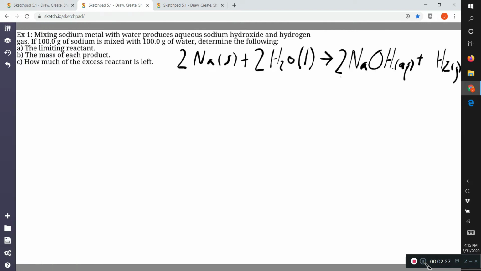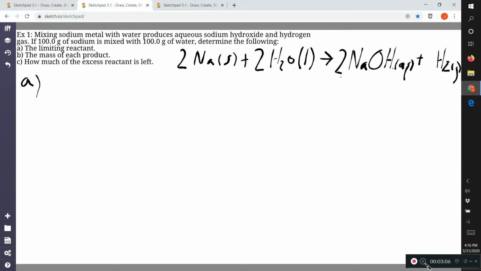All right. So the first thing we have to decide, the left side is the reactants. We have to decide which one of those is the limiting reactant. And the way you do that is by comparing how much of each substance you have to work with in moles. So for part A, I want you to note that we have 2 atoms of sodium combining with 2 molecules of water.